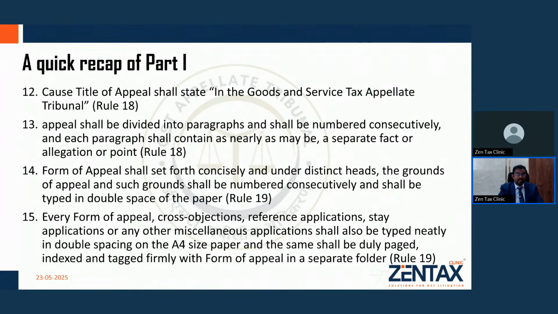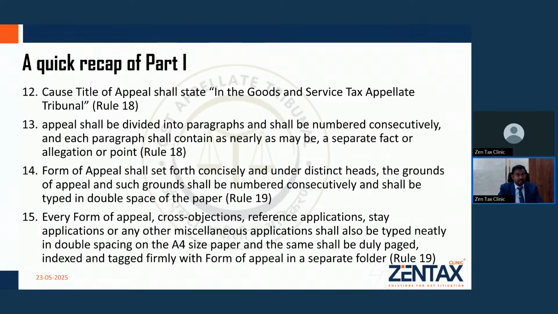Ground number 5 could say that the order per se is not a speaking order at all, because the detailed submissions made in the grounds of appeal and also before the first appellate authority and also in the reply to the show cause notice were not considered by the first appellate authority or the adjudicating authority, as the case may be.